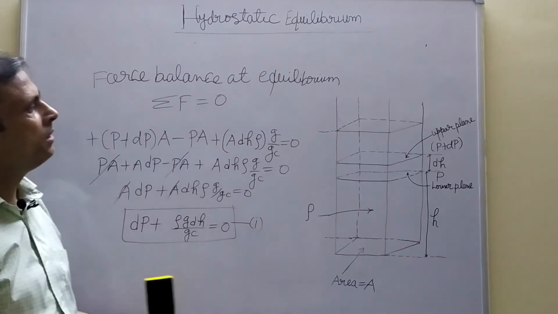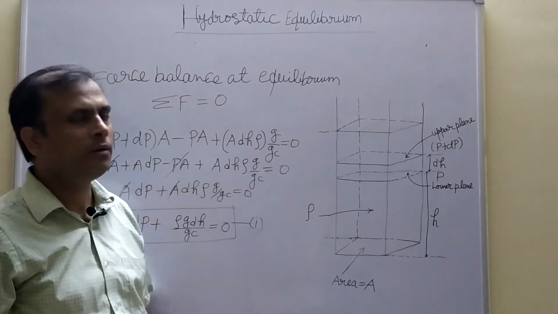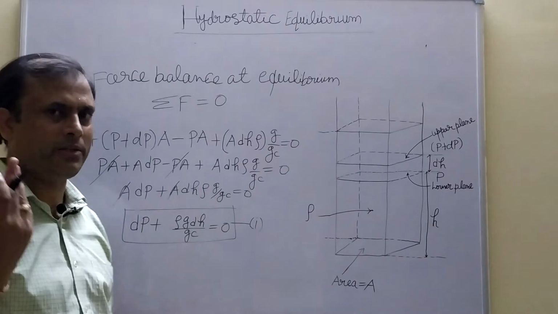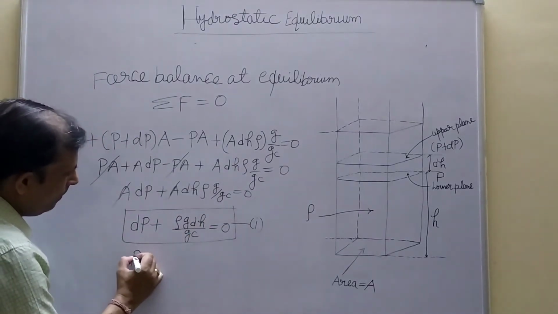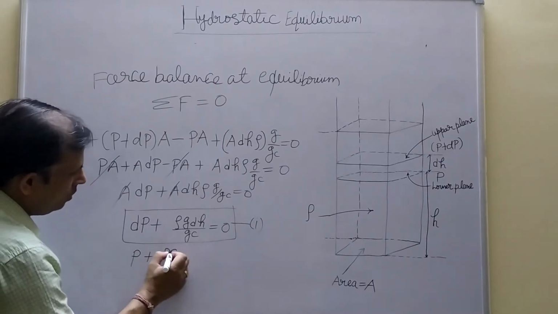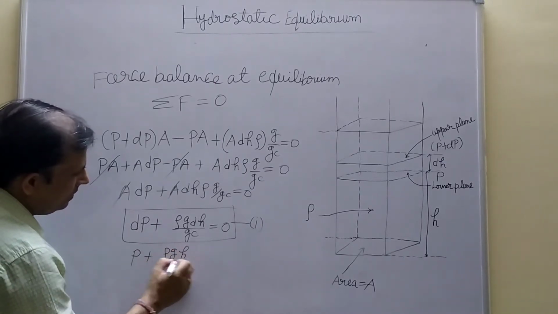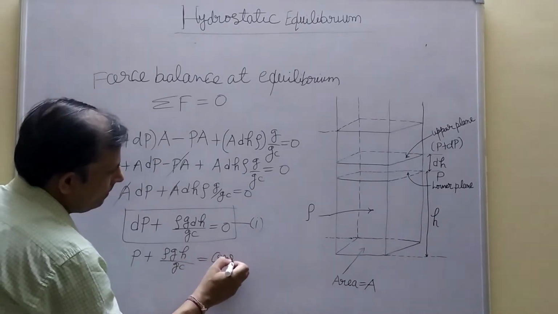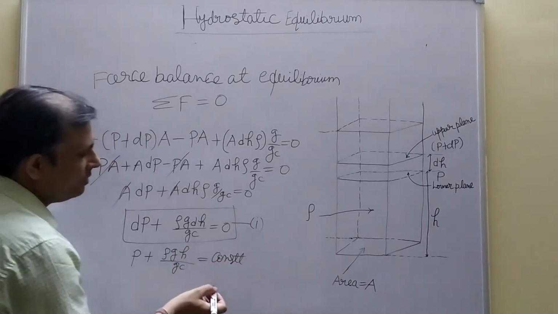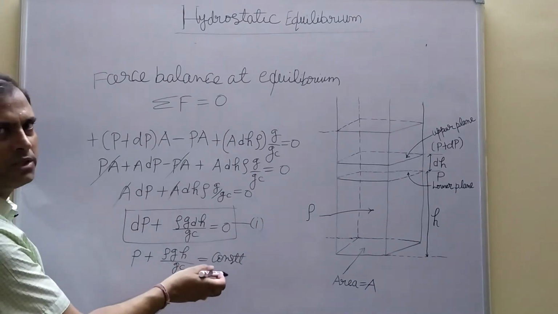It means the pressure decreases with increasing height. This constant may be any value, 2, 4, 3, 6, 5 something.